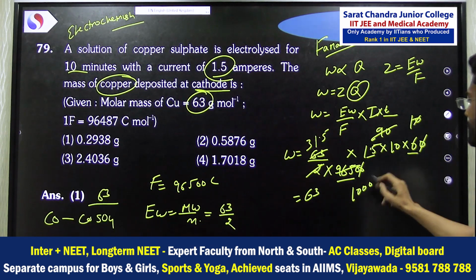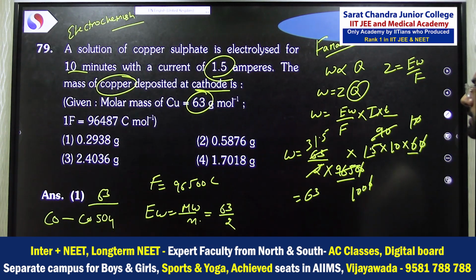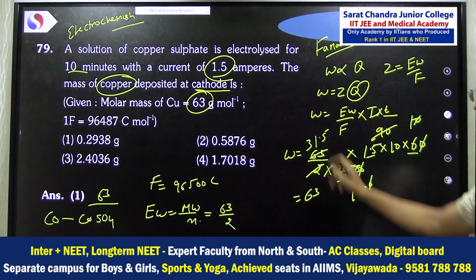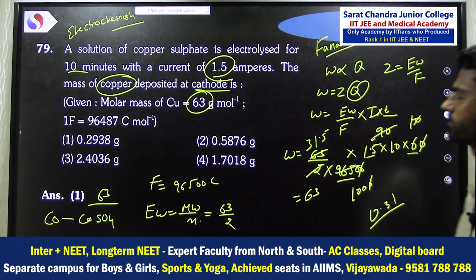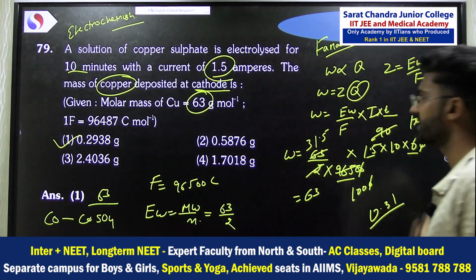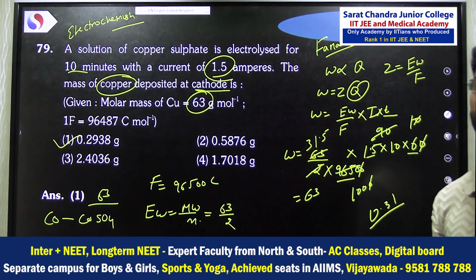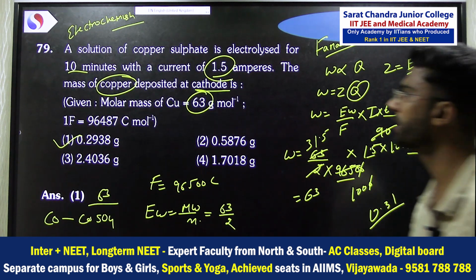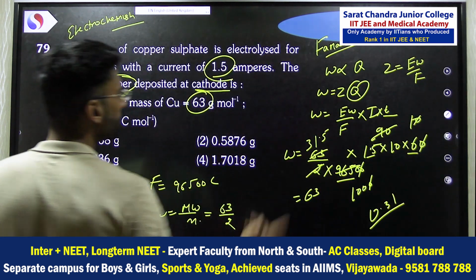So this also cancels. What answer will you get? Approximately 0.31, which is nearest to 0.29. If you do the exact calculation, you will get 0.29. But we know that we have 1 minute to solve one question, so you have to round off only.